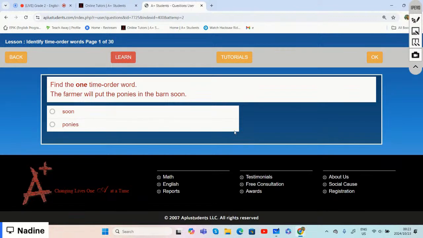So it says the farmer will put the ponies in the barn soon. What is that one time order word within the sentence?